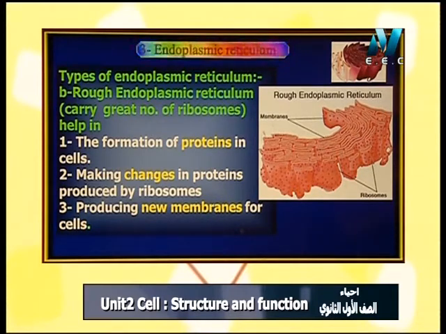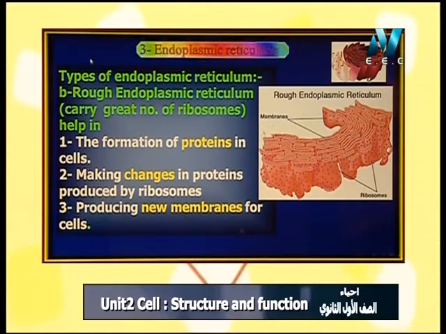The second is making changes in the protein produced by ribosomes. Number three, producing new membranes for the cell. يبقى علشان دي rough endoplasmic reticulum شايلة رايبوسومز كتيرة، يبقى هي بتعمل change للبروتين اللي اتكون في الرايبوسومز، وكمان بتعمل بروتين وتعمل produce the new membranes inside the cell.